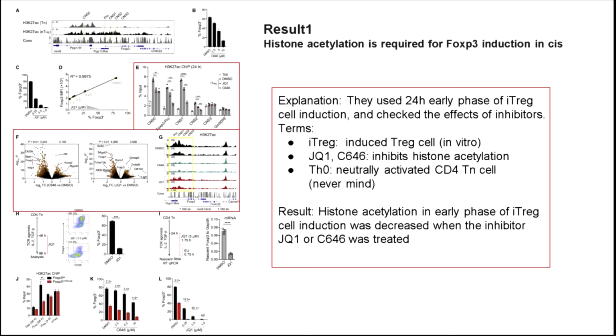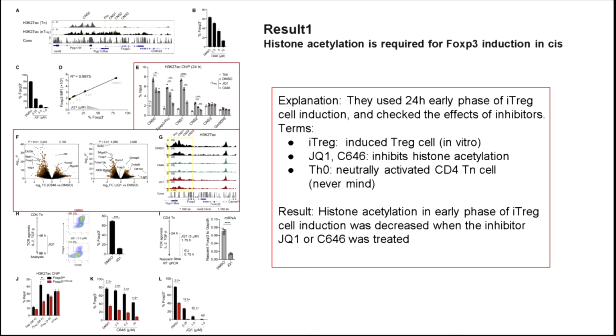Next, they want to confirm the effect of those inhibitors. So they harvested cells 24 hours later at the early phase of iTreg cell induction and undergo ChIP sequencing to fully reveal the effects of these inhibitors.